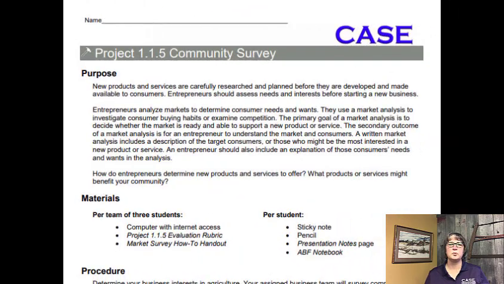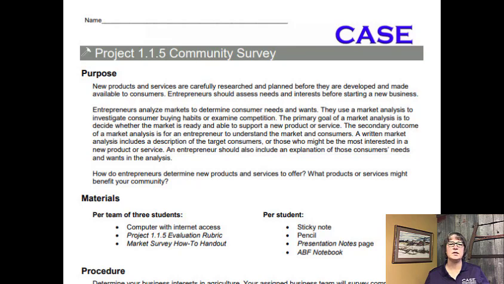This project is written to be completed in teams of 3 students. However, as the teacher and based on your students and school community, you may decide to have students work individually, in pairs, or in the recommended teams of 3 students. The groups used for this project will be maintained throughout the course as students develop a business plan.